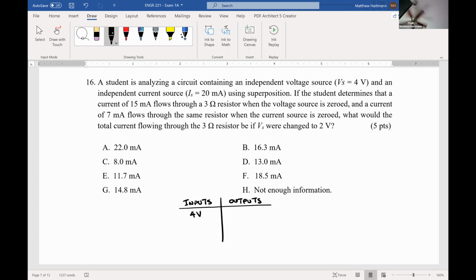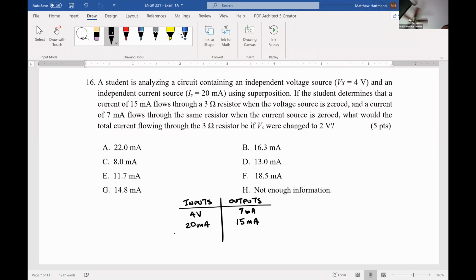What's our resistor current when the current source is turned off? 7 milliamps. All right. When we have our current source on by itself, so we apply an input of 20 milliamps, what is our output current? 15 milliamps. All right.